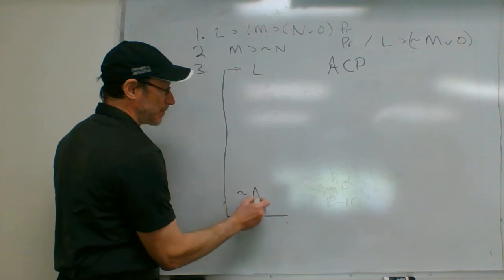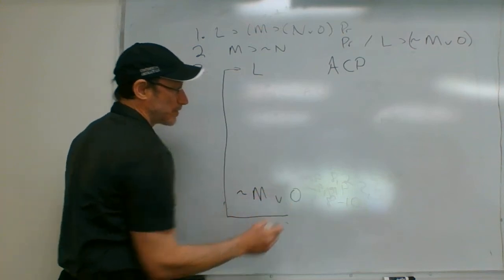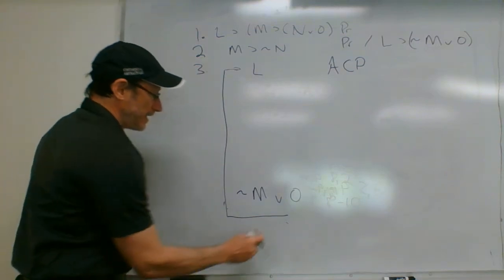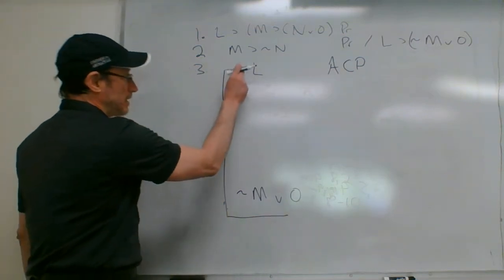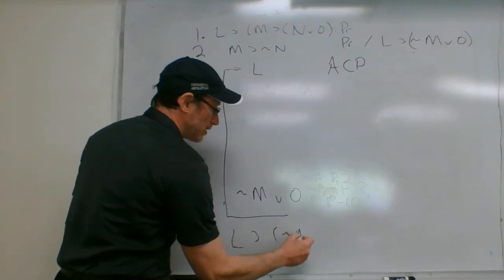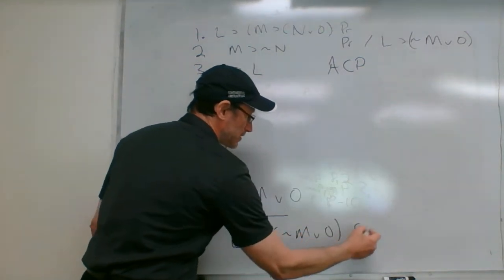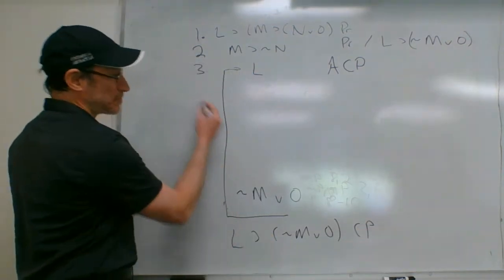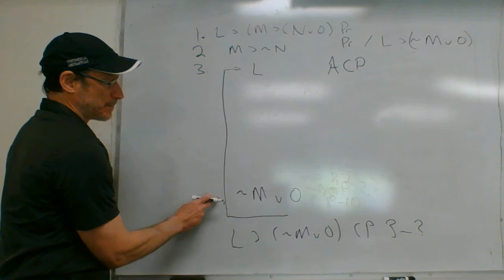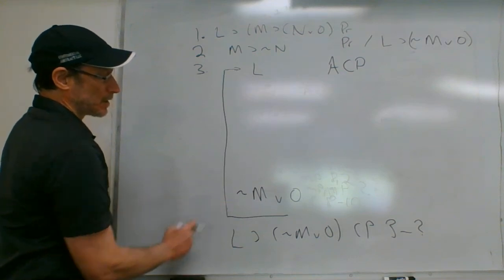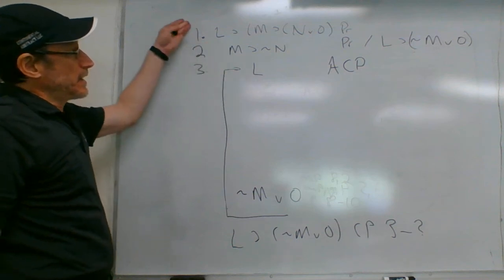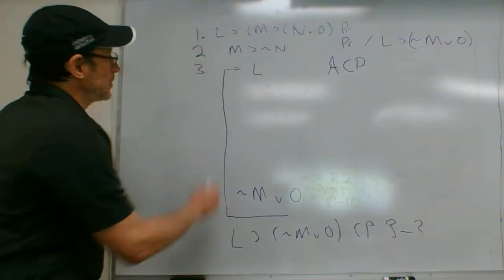We have not M wedge O. That is what we are shooting for. And then the very last step is going to be L horseshoe, not M wedge O. This would be a CP on steps 3 through whatever this numbered step is. Okay? So, now that I have L, I can do a modus ponens on 1 and 3.